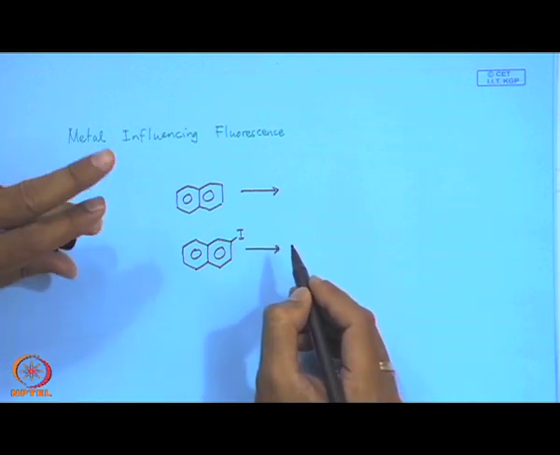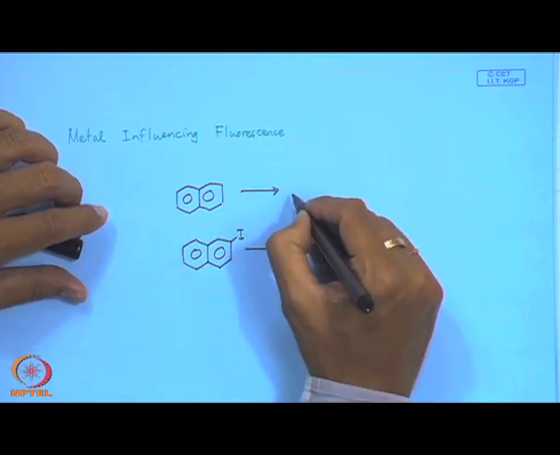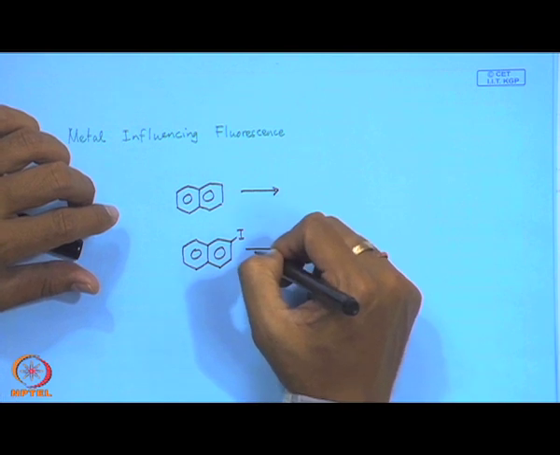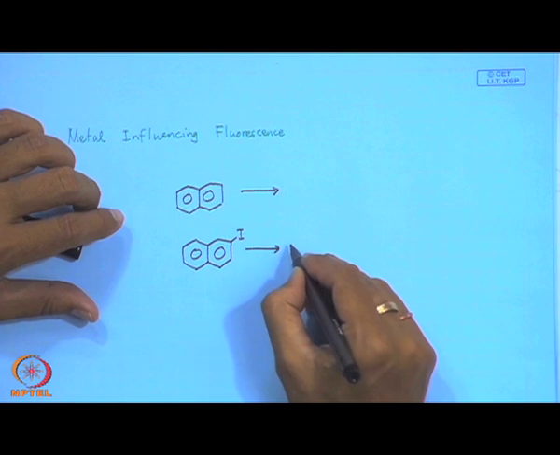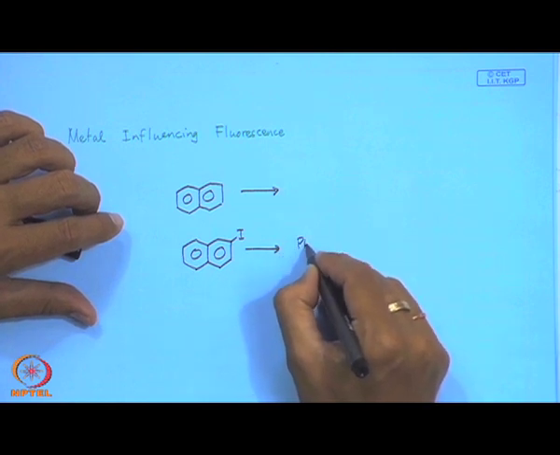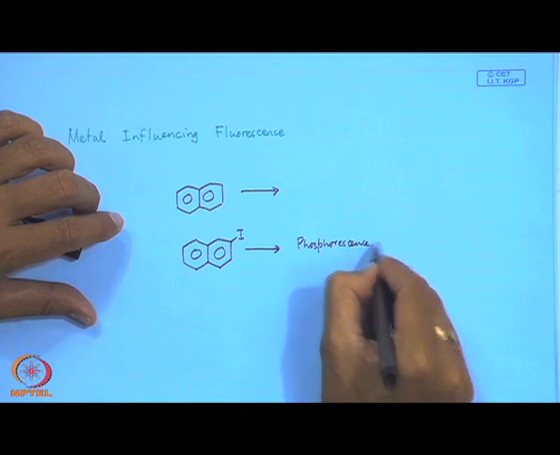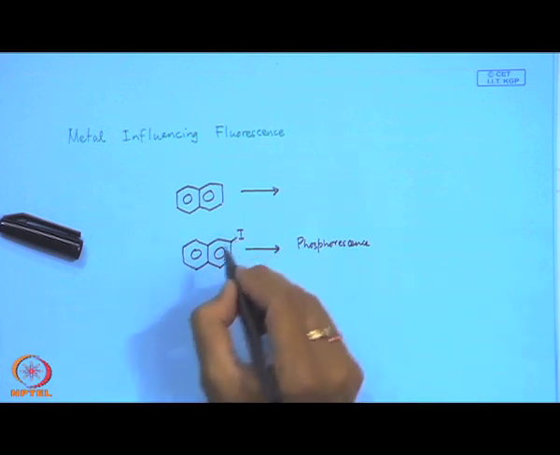The expectation is that its fluorescence intensity is considerably reduced as a result of the introduction of iodine, and you can get phosphorescence under appropriate conditions.